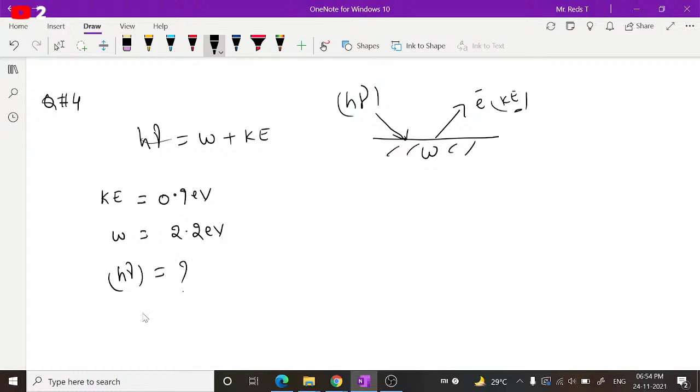Directly you can say h nu is equal to W plus K. So 2.2 plus 0.9 is equal to 3.1 electron volts. That's it.